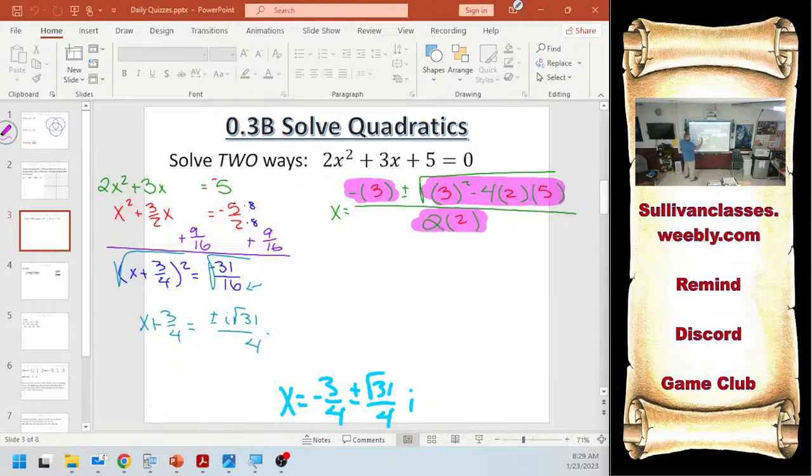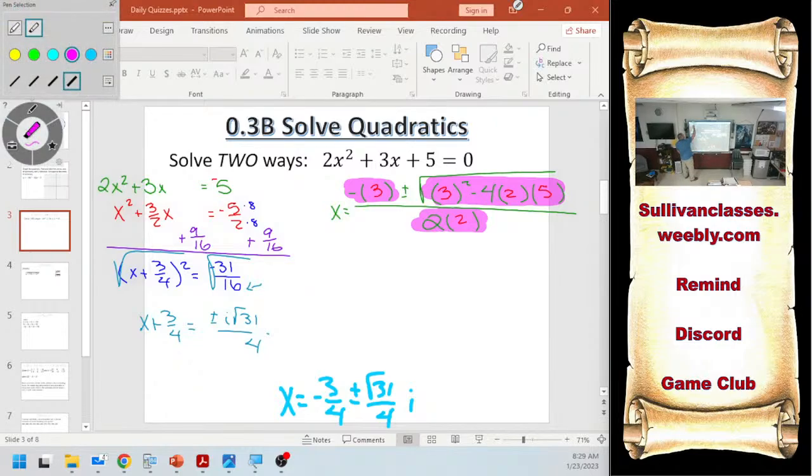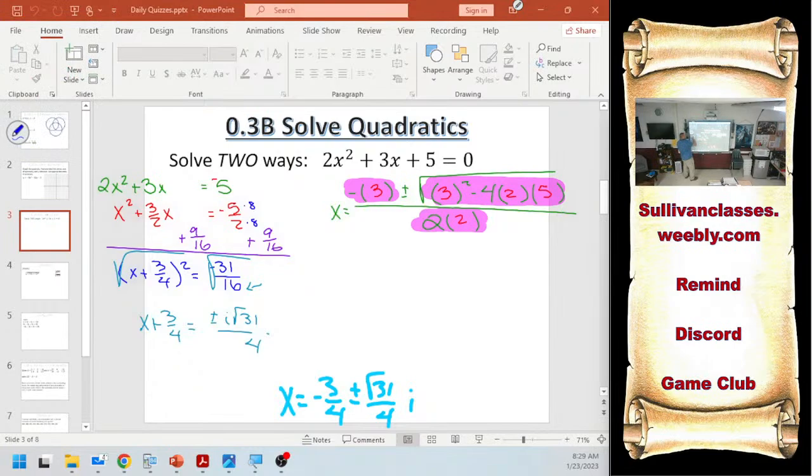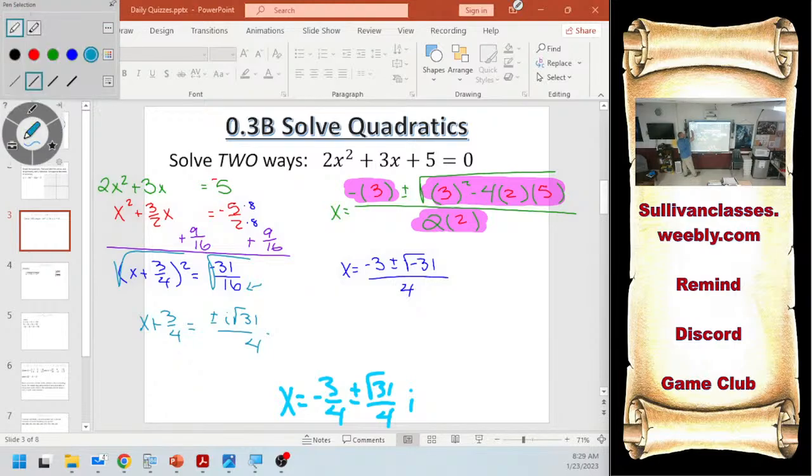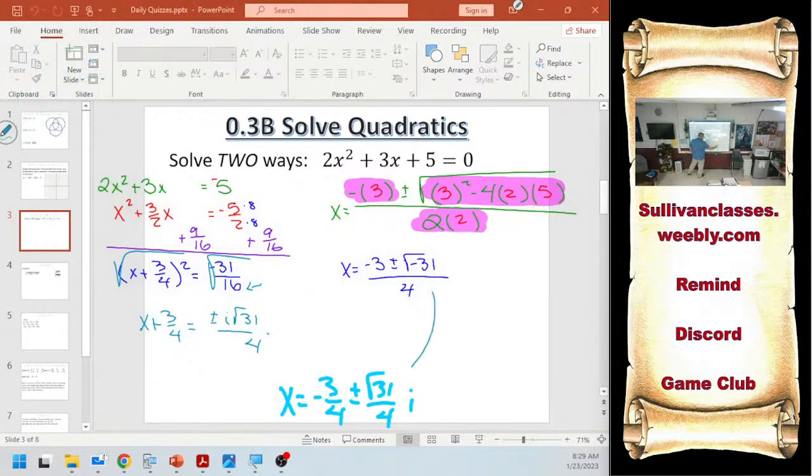One's in radical town, one's in the denominator, which implies a set of parentheses. All that stuff is already done for me. So I turn that into negative 3 plus or minus square root of negative 31 all over 4. Very simply, I just have to simplify by bringing i out, separate real and imaginary.